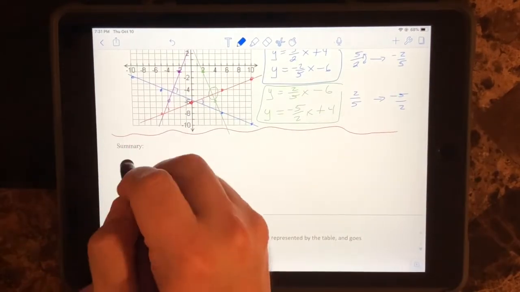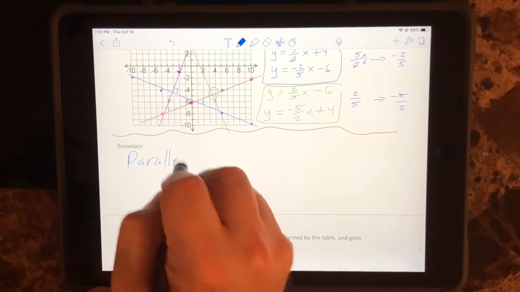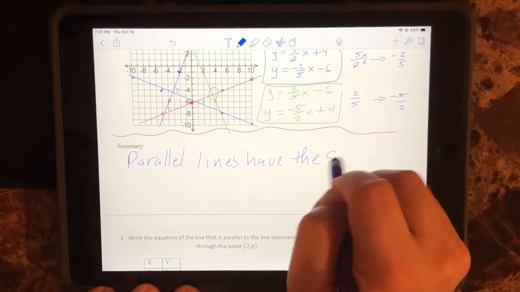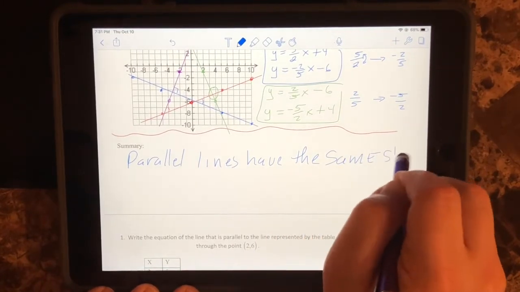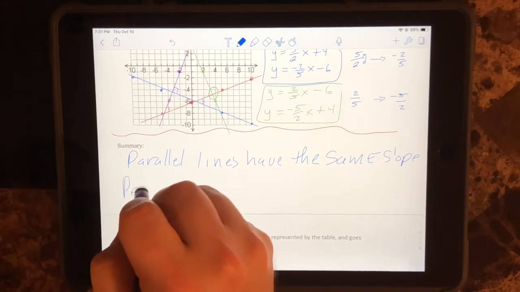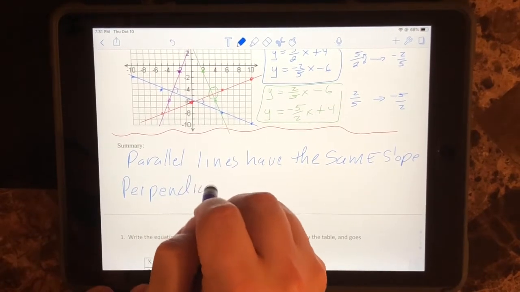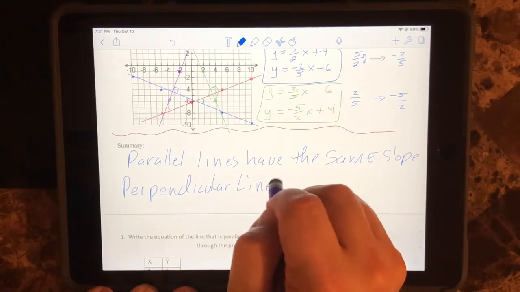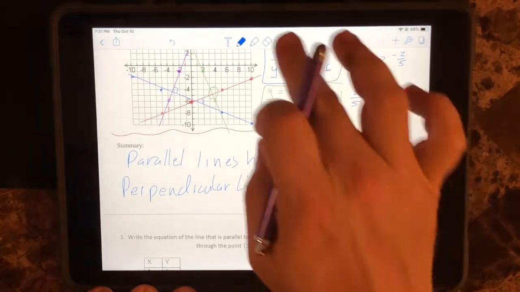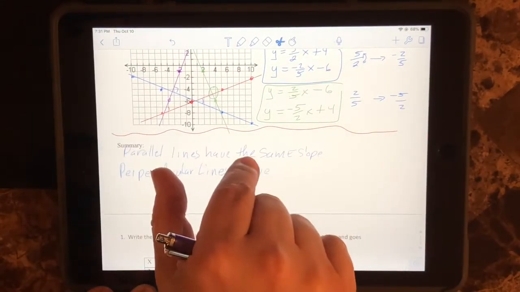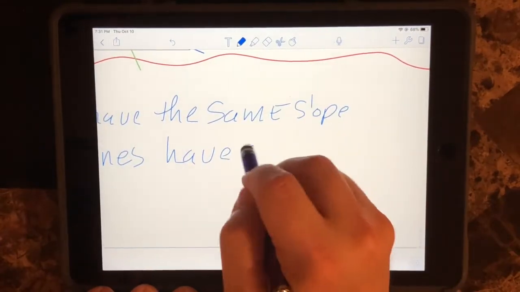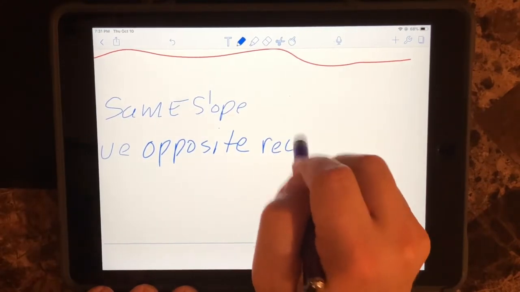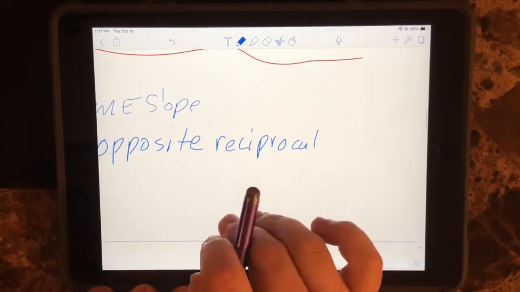So let's summarize that. Parallel lines have the same slope, and perpendicular lines have what we call opposite reciprocal slopes.